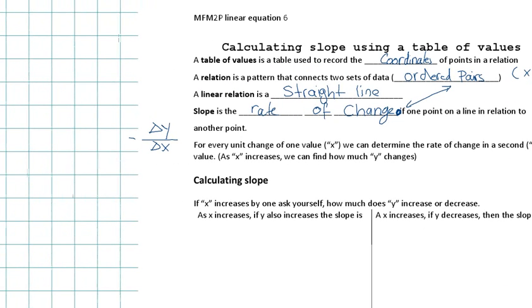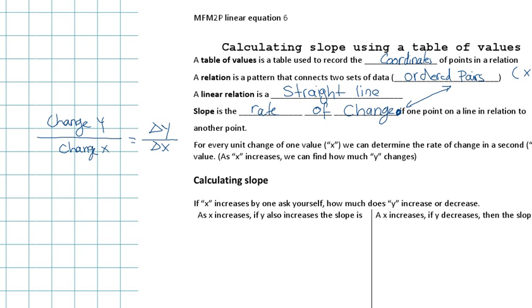So that's a change in y divided by the change in x. What other formula did we use yesterday to find the slope?